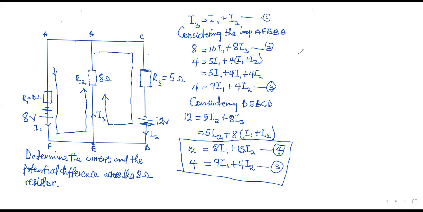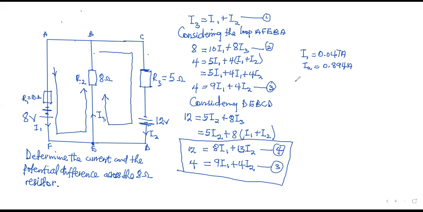I1 is equal to 0.047. Yes, and I2 is equal to 0.894. Please, the rest of you must confirm. Let's confirm.